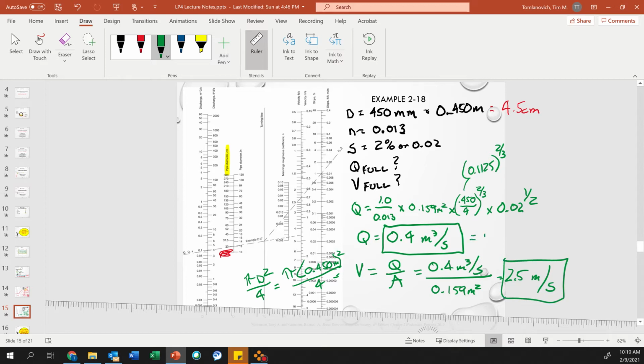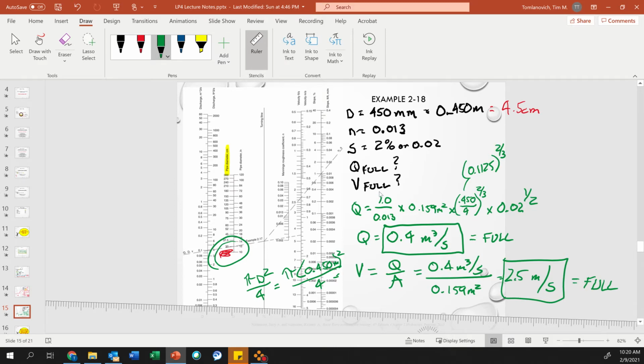So this is full pipe. Unfortunately, as you can see, we couldn't use the nomograph because our pipe diameter is too small, so you have to go to the equation.